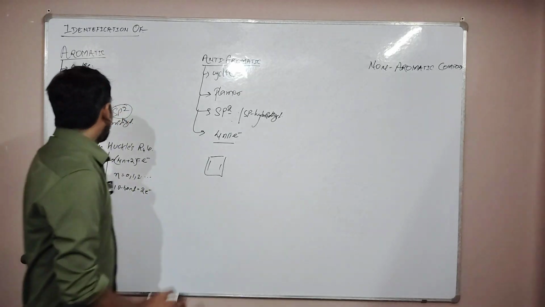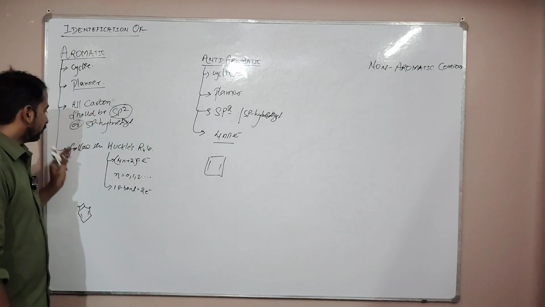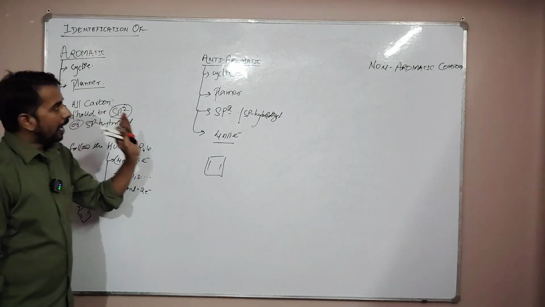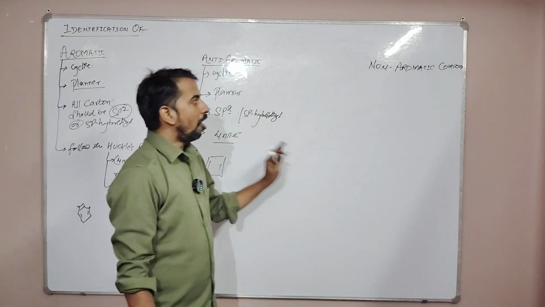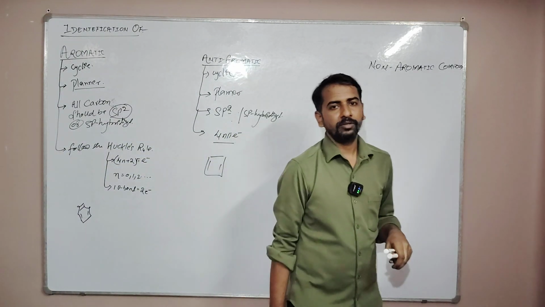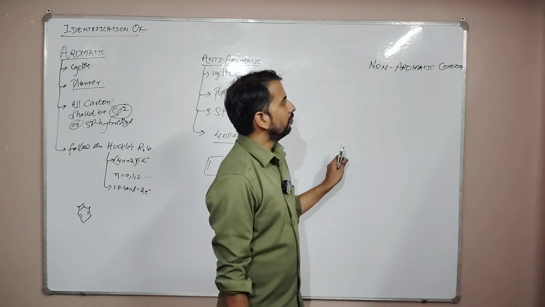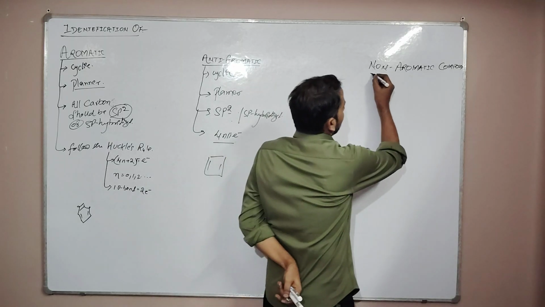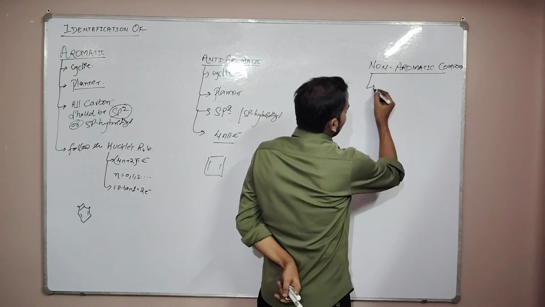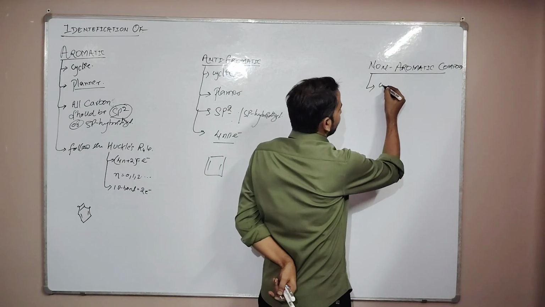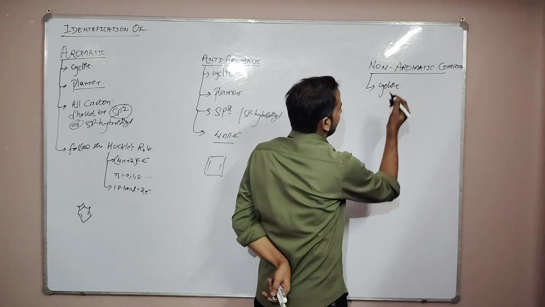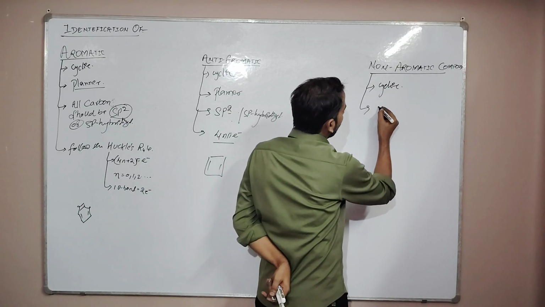Now suppose any compound will be either aromatic, anti-aromatic, or a non-aromatic compound. In a non-aromatic compound, it may be a cyclic compound, but it will not be planar.